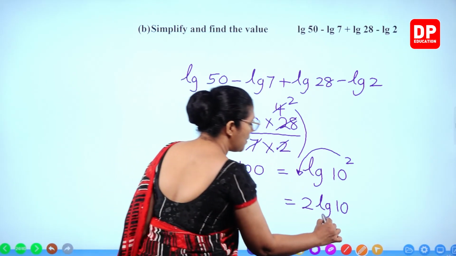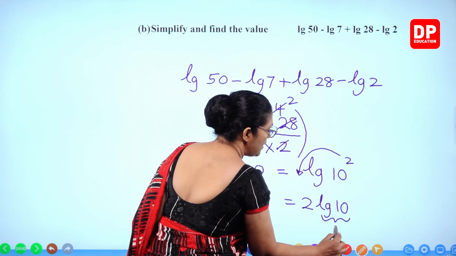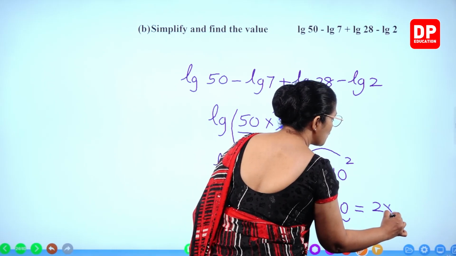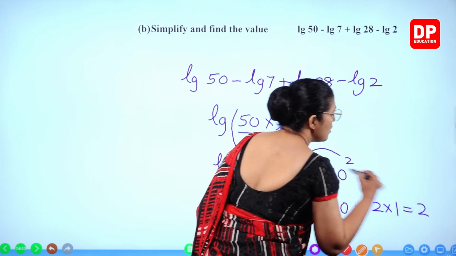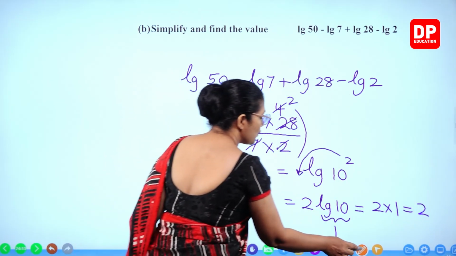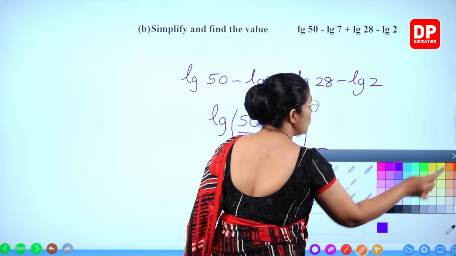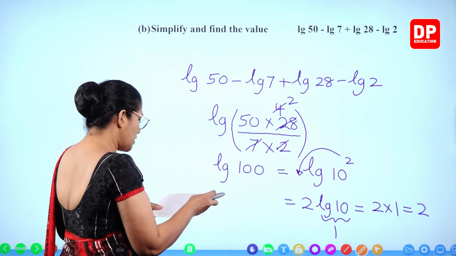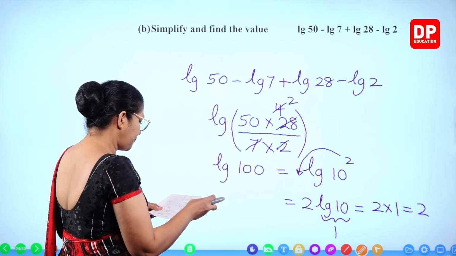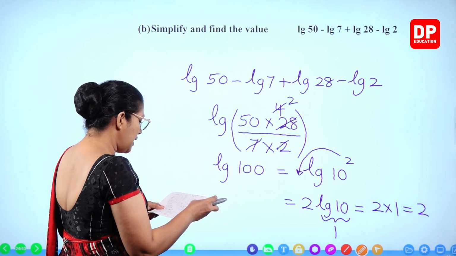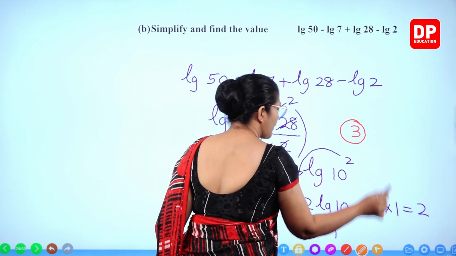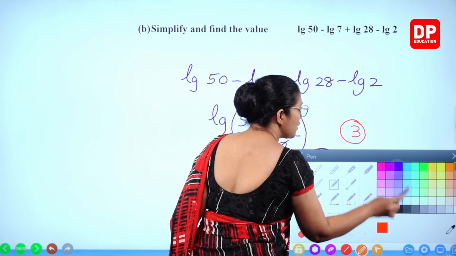Same base, same number again. We know that this is 1. So what's the final answer? 2 times 1, that's 2. So here also you don't need to refer log tables. You can straight away write down the answer. So this is 3 marks. So we have given 5 marks for that question.